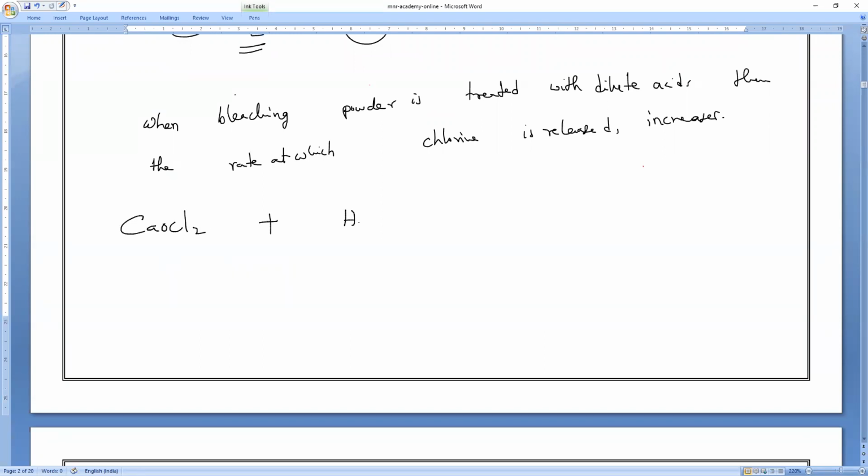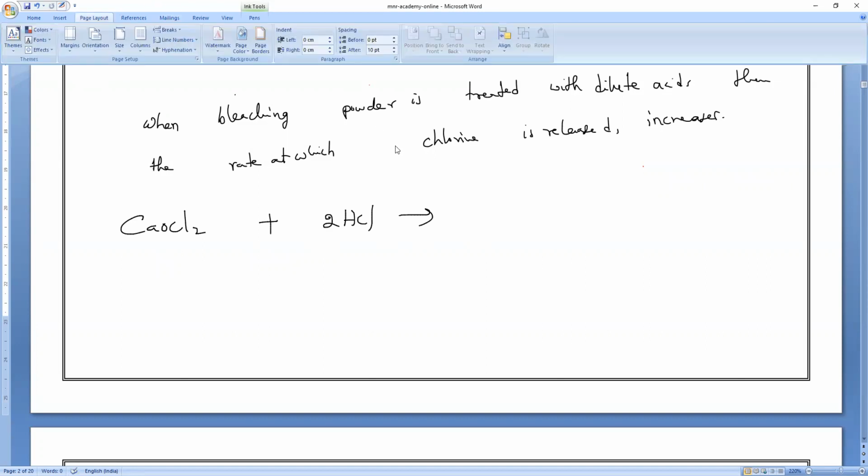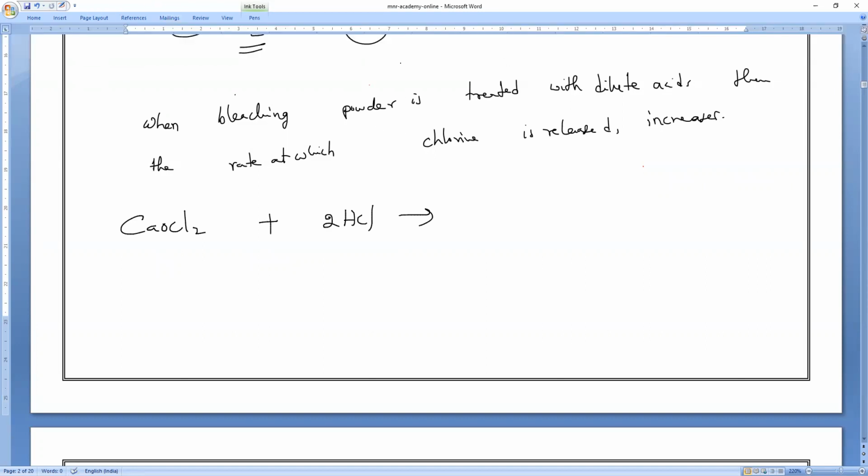CaOCl2 plus HCl. Tell me the products. Calcium hydroxide or calcium chloride?